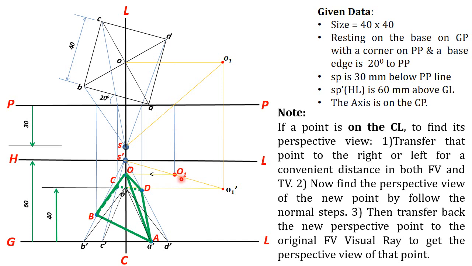Okay, you will get the corresponding perspective view of the transferred point, new point. Okay, now to get the original perspective point, you transfer back this perspective point to the original visual ray in front view, that is S dash O dash in this problem.